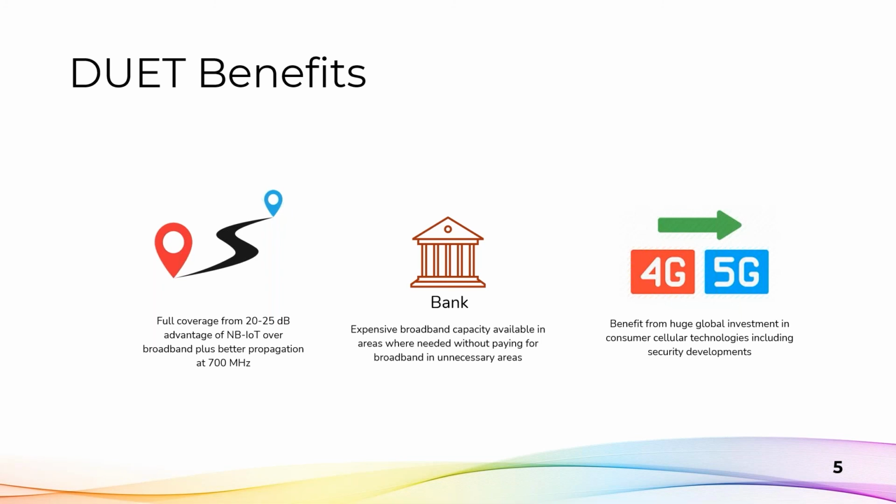And then finally, if you use a true version of Duet that uses 4G and 5G technologies, you're benefiting from all of the research and development that has gone into and is going into this worldwide standard used by billions of people, billions of devices. That really means literally trillions of dollars of investment over time.